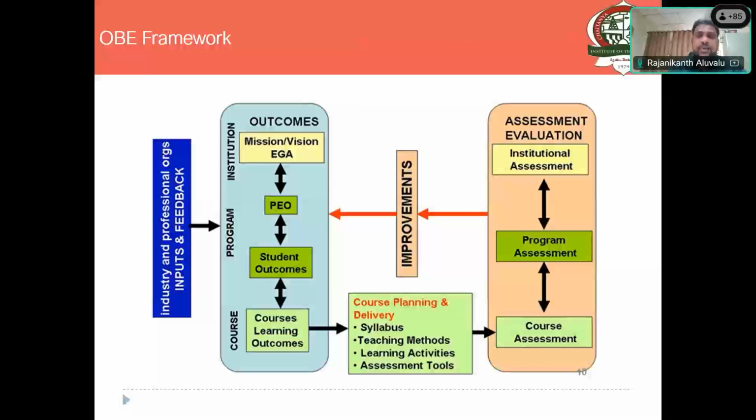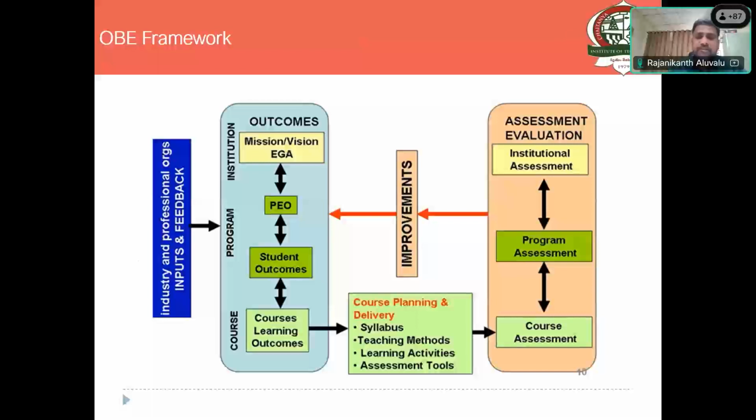The assessment begins from a course, to the program, to the institutional assessment. When an institution is implementing outcome-based education, the assessment is incremental. Our assessment begins with a course, and all the assessments of the courses together go for the program assessments, and all the assessments of the program help in the institutional assessment.